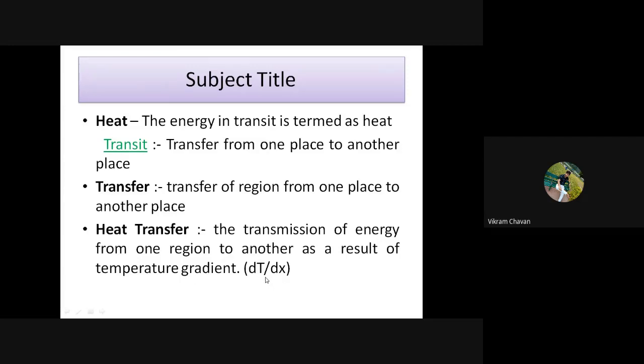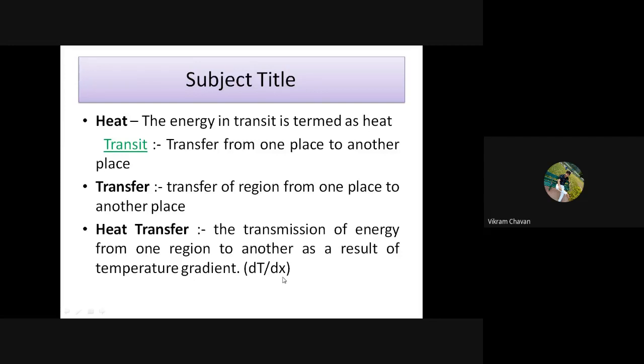You will understand the concepts one by one, but initially refer to this temperature gradient as dT/dx, the change in temperature with respect to change in distance.